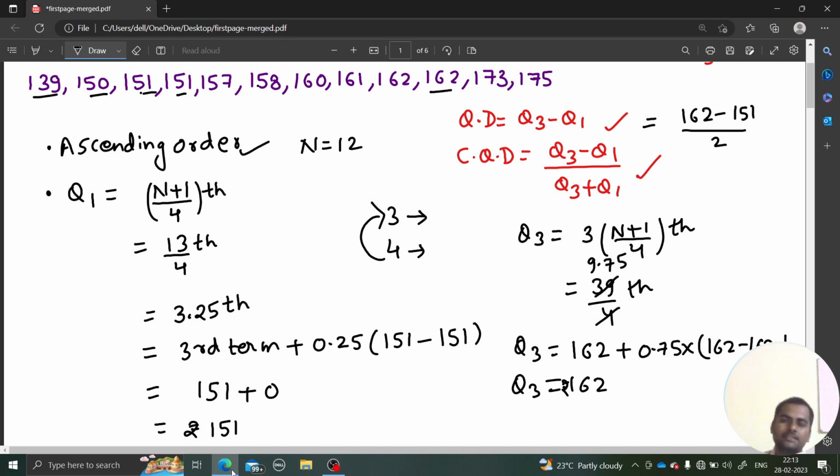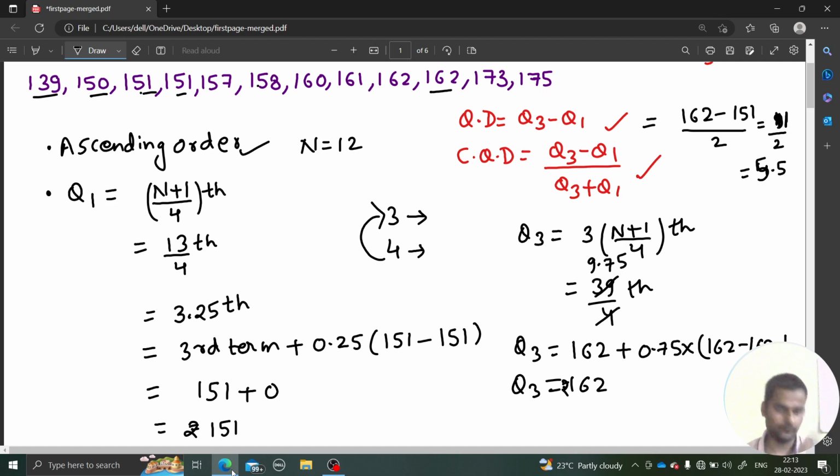Sorry, the difference is 11, so it is 11 by 2, and this comes out to be 5.5.